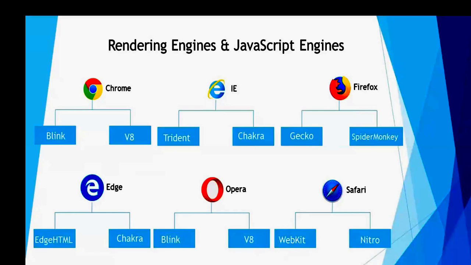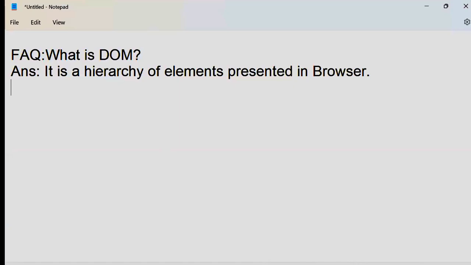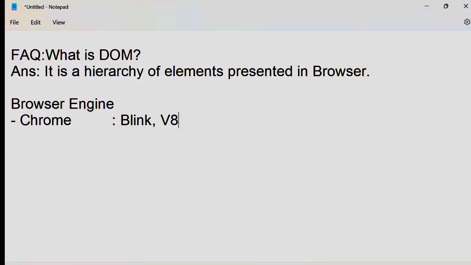So these are various browser engines. Let's note some points here. To understand DOM, first you need to understand browser engines. Every browser has a different engine. Chrome has an engine called Blink and V8.